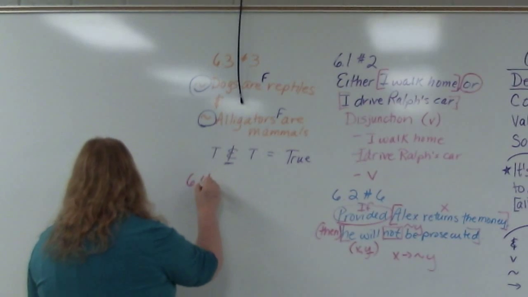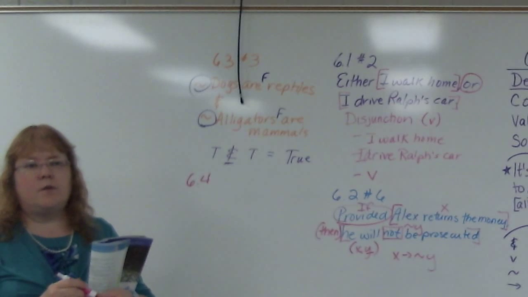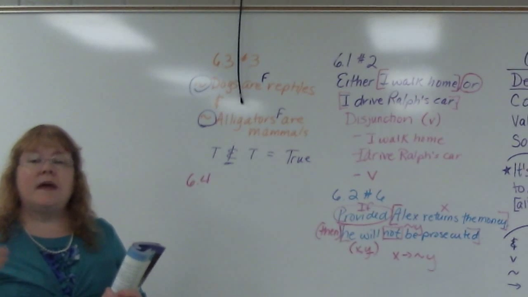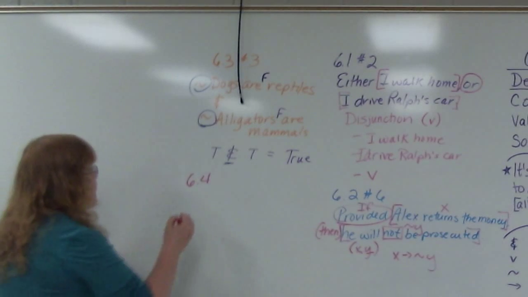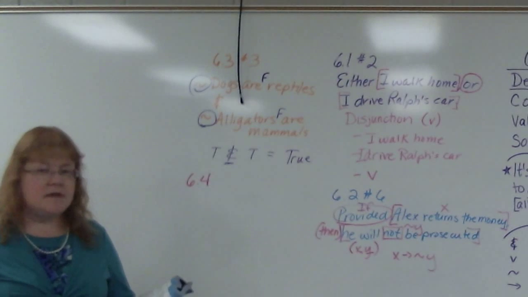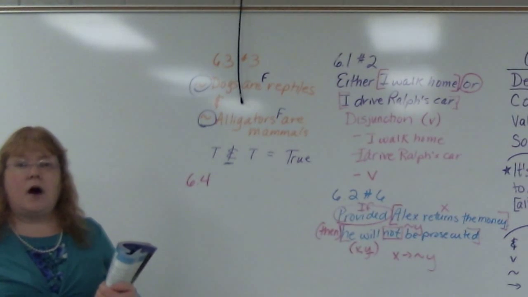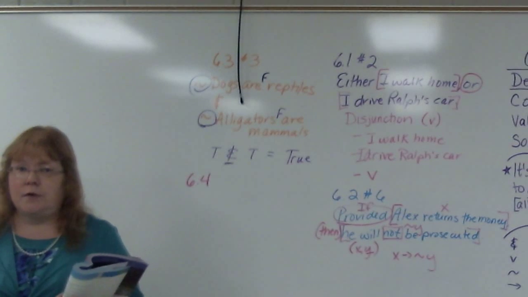6.4 is another version of the which ones are true and which ones are false based on some variables, okay? And for 6.4, we have to assume, and it gives us this, that the variables A, B, and C are true, P, Q, and R are false, okay? So not horrible.